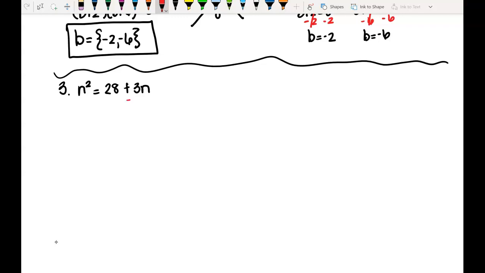So the first thing, I'm going to subtract 3n from both sides. So I have n squared minus 3n equals 28. Then I need to subtract 28 from both sides to get n squared minus 3n minus 28 equals 0.